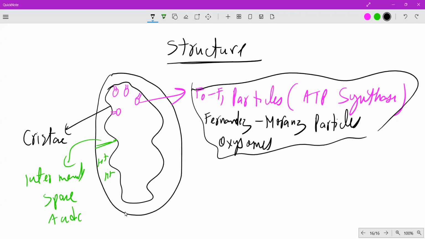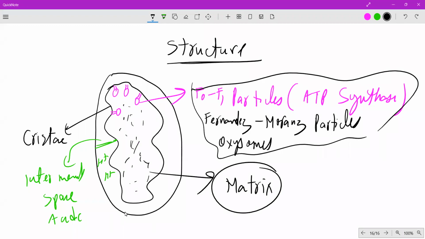This is not your level. This is 12th class level. In medical you mug up all these things, but now you are at a higher level. You have to go for more analysis now. So we know the F0-F1 particles, and the inner membrane encloses a fluid-like substance, which is the matrix.